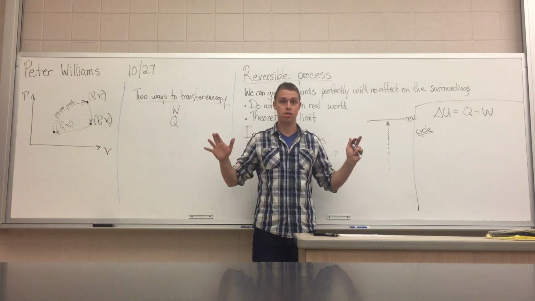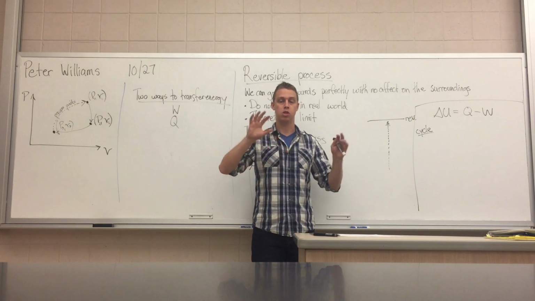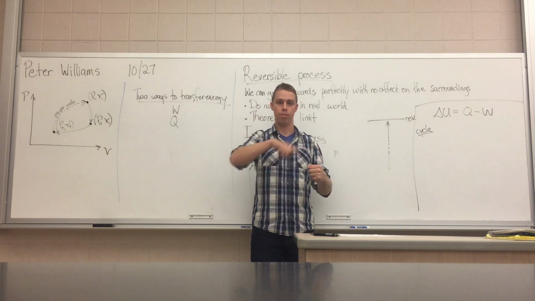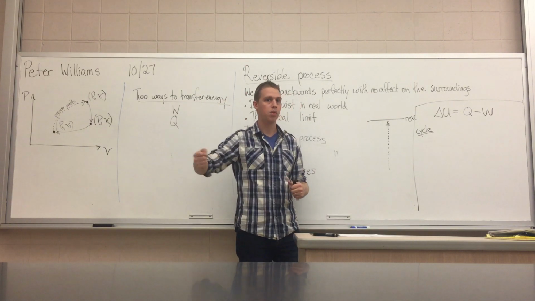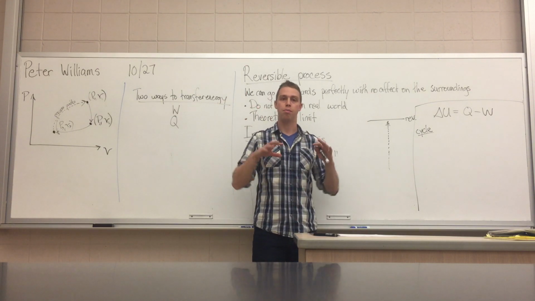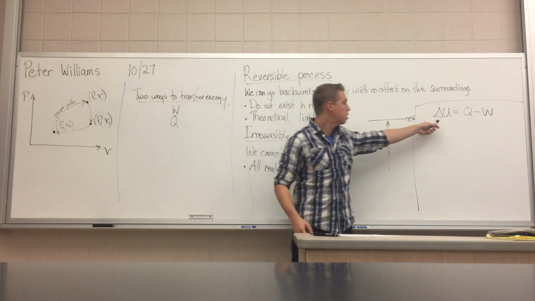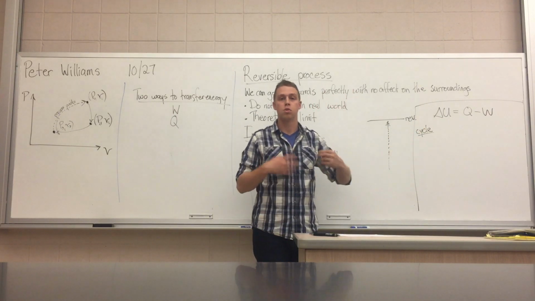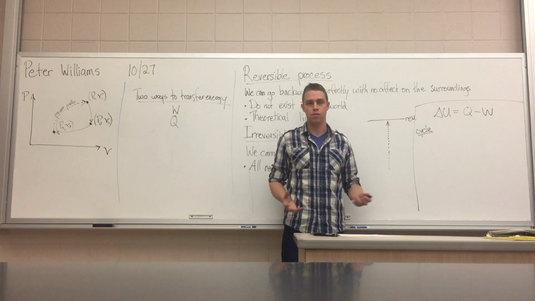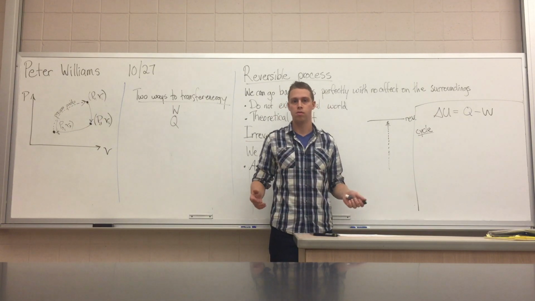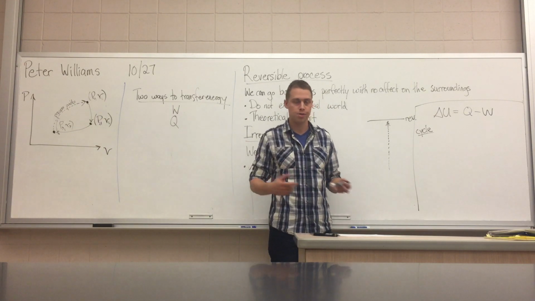That's what it means to be a cycle. Nothing changes between the very beginning and the very end. Maybe in the middle, but by the time we end, we're right back where we started. That means that by the time we end a cycle, our internal energy is the exact same. So delta U, any change of internal energy, is 0. It can't have changed, all right?